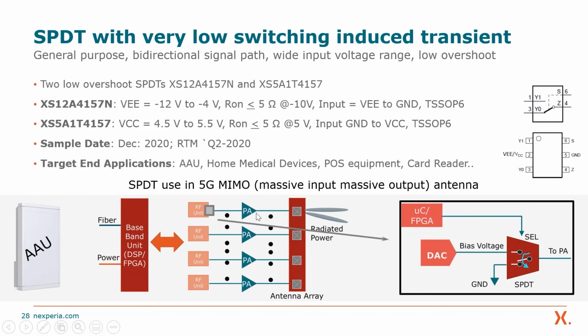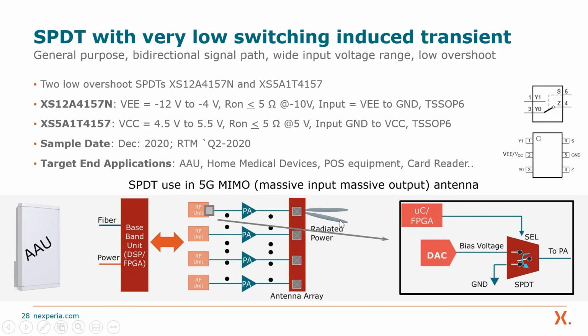So in a normal case, when the system comes up and the DAC voltage goes to its desired value, then the switch is turned on, and the power amplifier turns on from the power coming out from the DAC. At that point, there's a real need for a low overshoot, so that's why these switches meet that requirement.